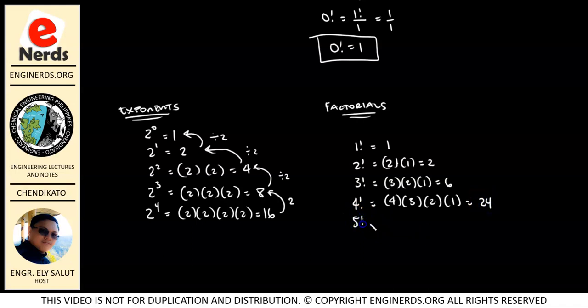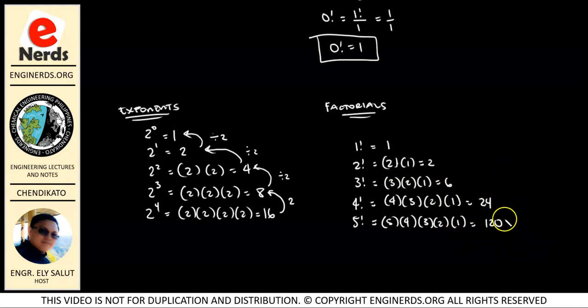And then 5 factorial, which is equal to 5 times 4 times 3 times 2 times 1 is equal to 120.